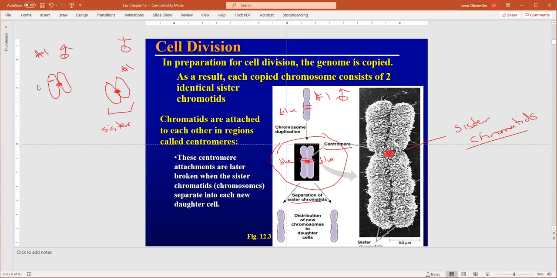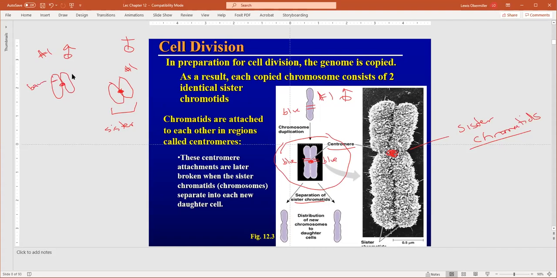And this could be brown. So if this was copied, this would also be brown. And this could be blue. And if this is copied, this is also blue. So these are also sister chromatids because they're genetically identical. Brown, brown, blue, blue.